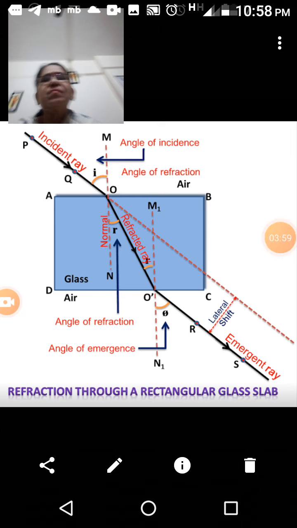Now, at point O, the incident ray is going to change the medium. It is going to pass from air to glass, that is, from a rarer medium to a denser medium. Hence, according to the law of refraction, the light ray will refract towards the normal.